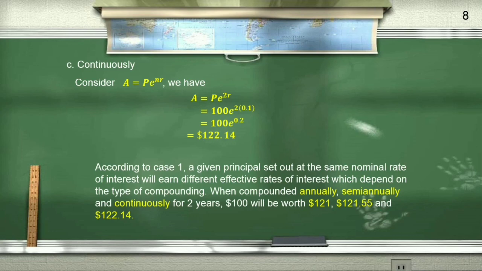We can see from the future values of capital P, which were $121, the second one 121.55, and the last one 122.14.